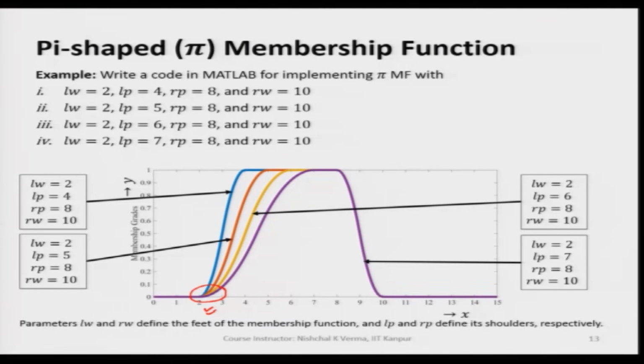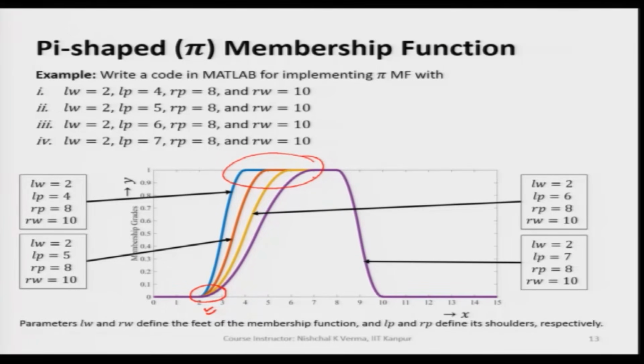What is interesting to see is that by changing the values of LP in all 4 cases, the left shoulder is changing. This is clearly visible here, that the shape of the left shoulder is changing.